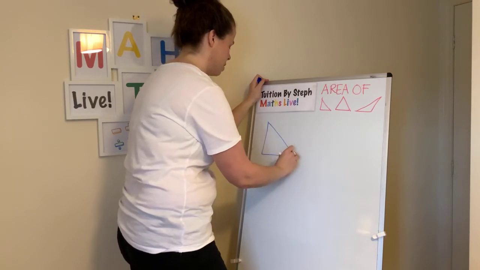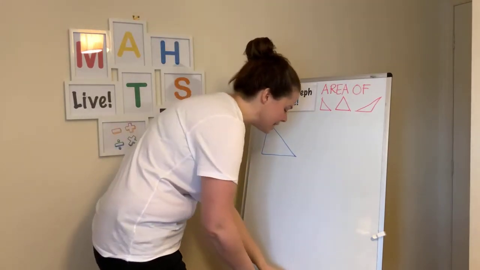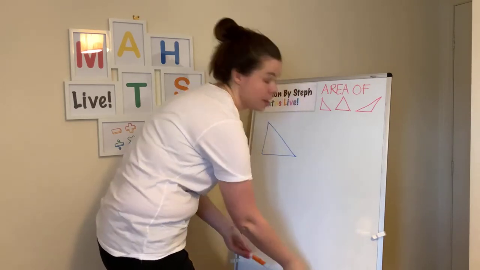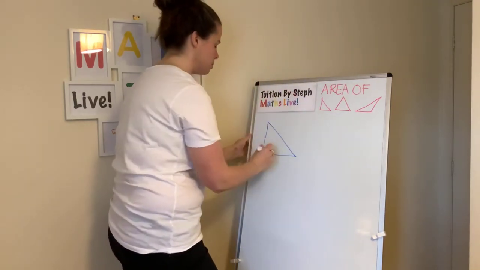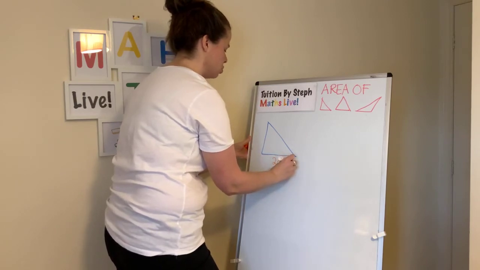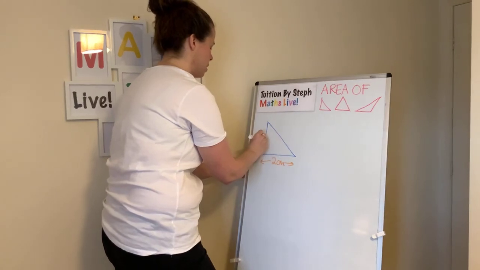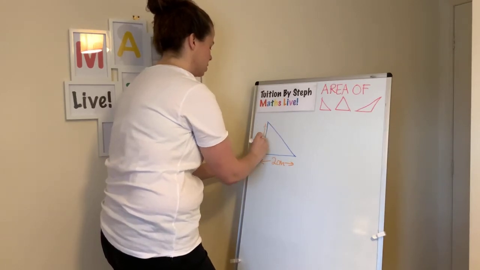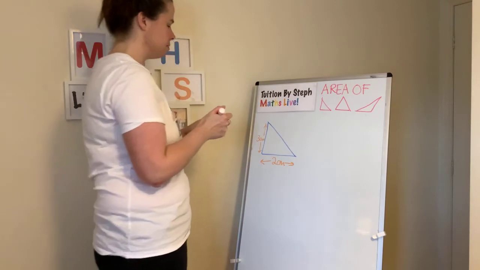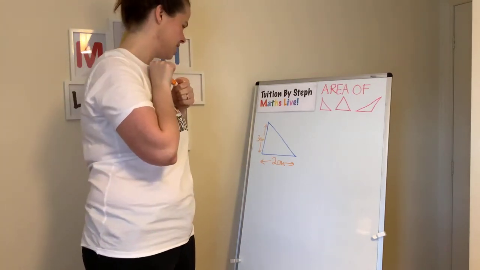So, let's see. I need to find the area of it. I'm told that this bottom part is 2 centimetres, and this side going up here is 3 centimetres. And I think, how do I find the area of this?